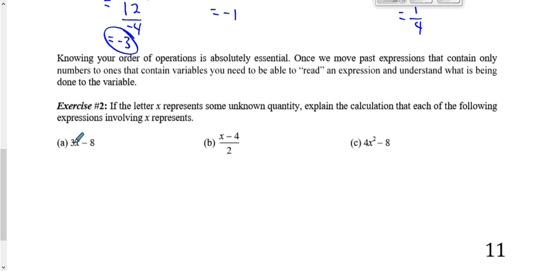It gets multiplied by 3, doesn't it? X is multiplied by 3, and then what? After that, what do we do to that result? And 8 is subtracted. Okay, that's what I'm getting at. So X is multiplied by 3, then 8 is subtracted.